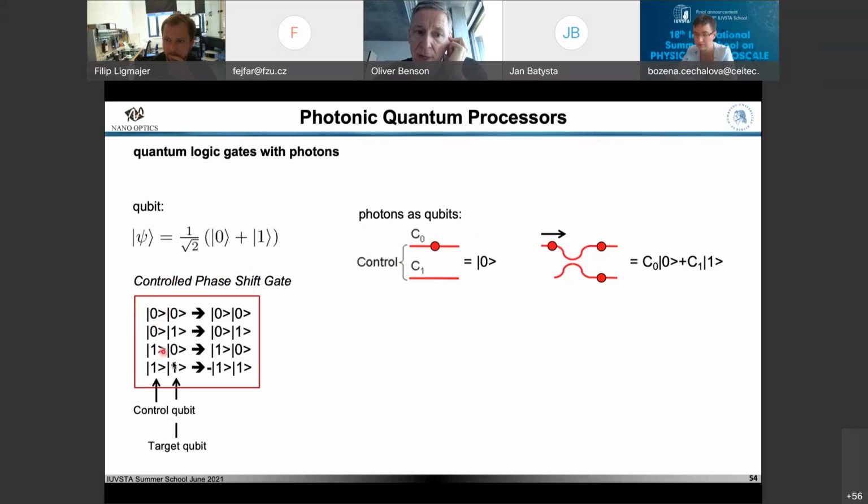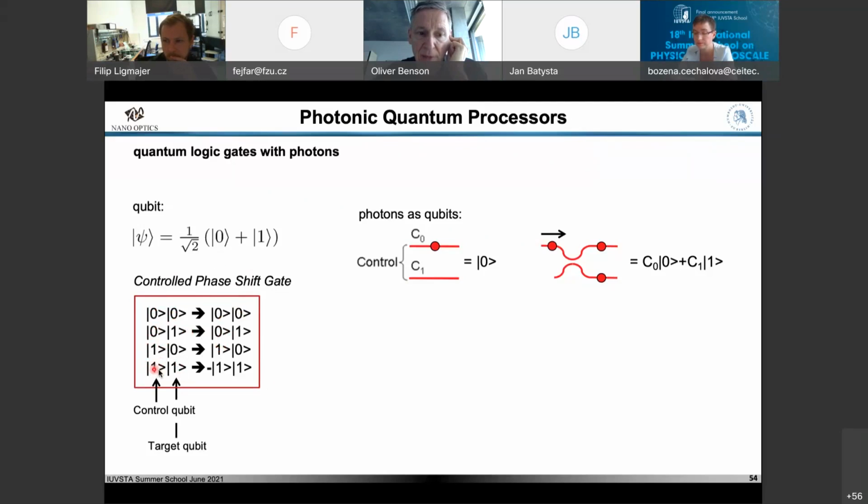This is a truth table for one of these fundamental gates. Two qubits, one is in state 0, the other one is in state 0, and the arrow shows what this two-qubit gate does. If one qubit is in 0 and the other is in 0, nothing is happening. If one is in 0 and the other in 1, again, nothing is happening. One is in 1, one is in 0, again, nothing is happening.